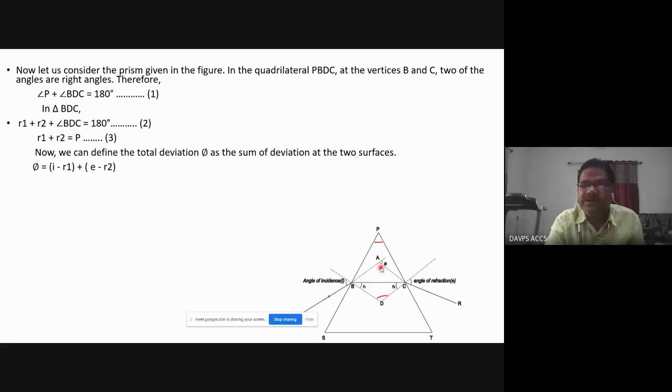Just look here. That phi equals, this is triangle ABC, and the outer angle is phi. This outer angle phi equals this angle plus this angle. What will this angle be? This angle equals I minus R1.